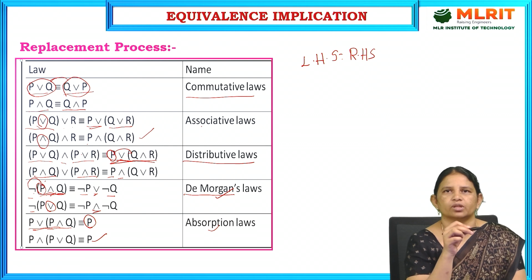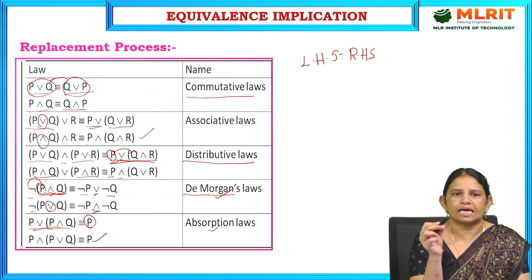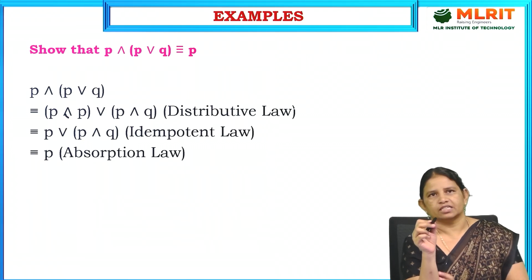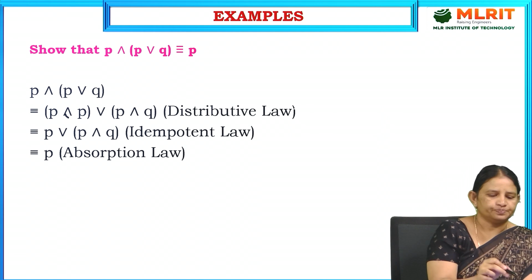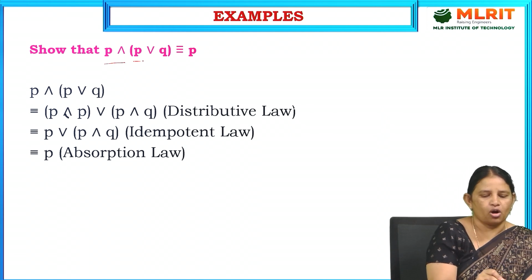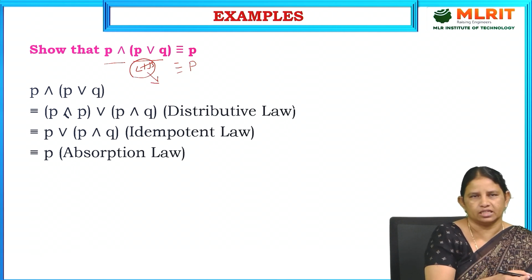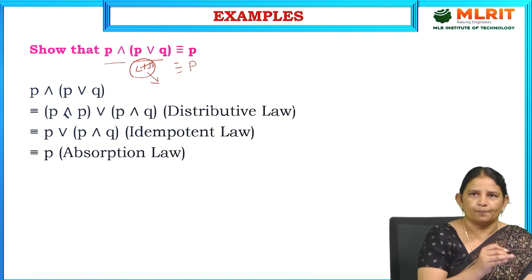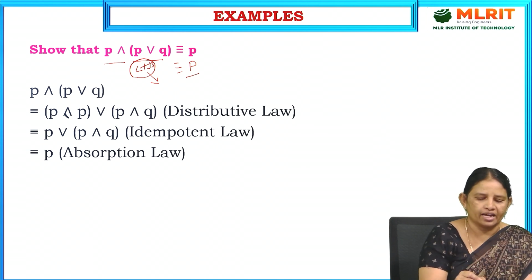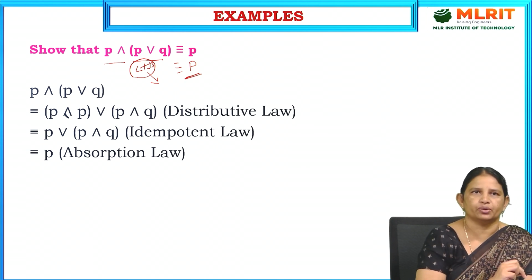First example, show that P and P or Q, the LHS, is equivalent to P. We need to take the LHS and apply the laws discussed in the previous slides, and prove that the final proposition is equivalent to P.